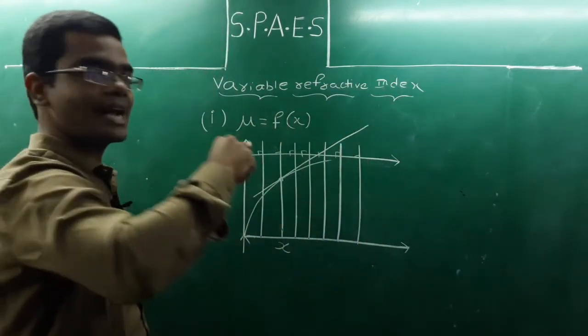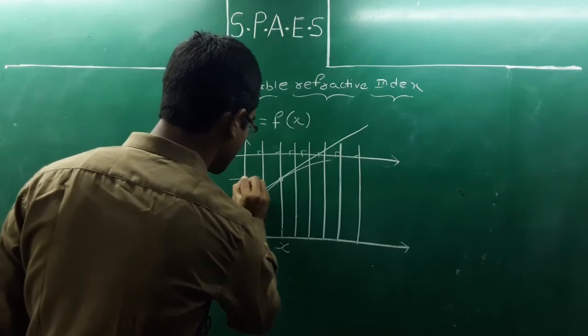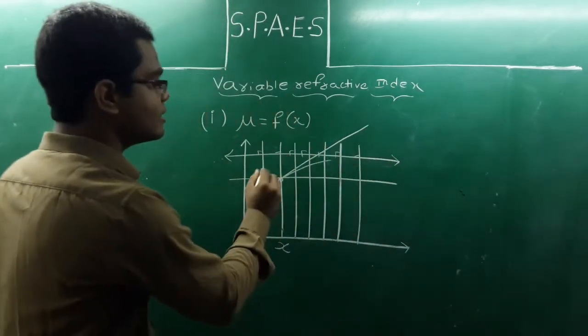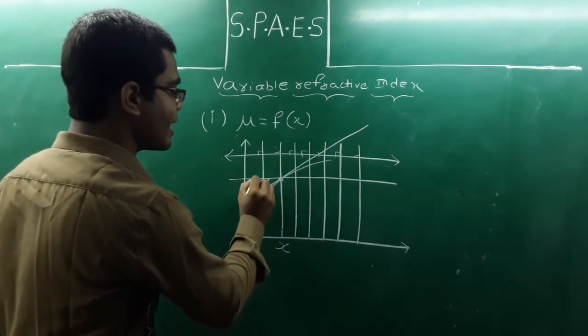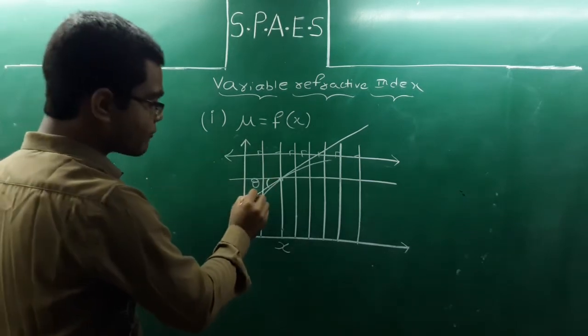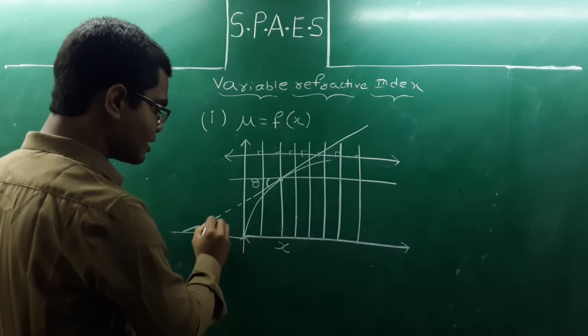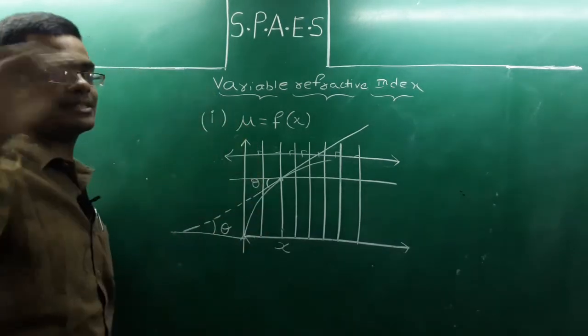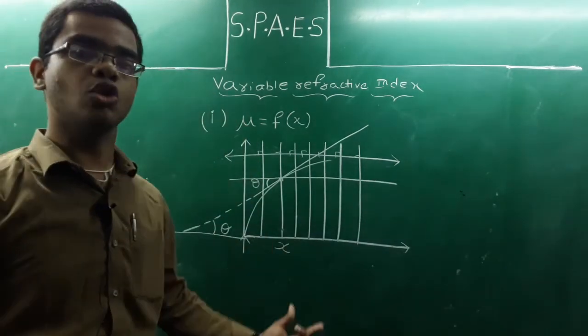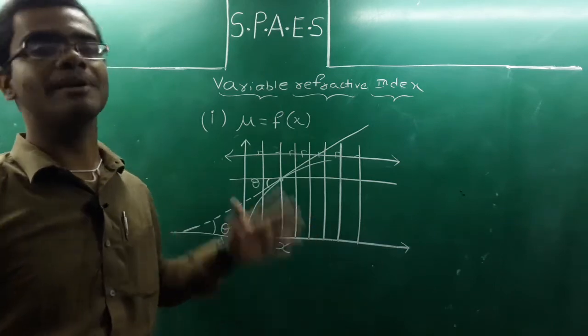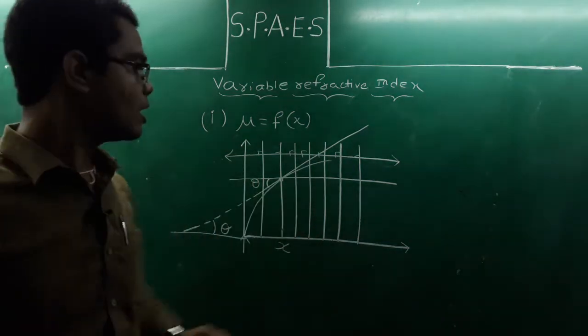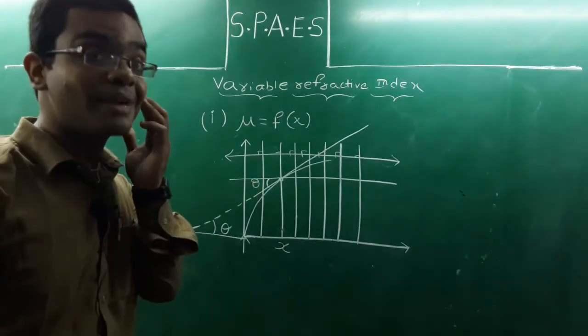If we consider a tangent at that position and an optical normal, this tangent is going to make an angle theta. If we extend the tangent carefully, the same angle theta it is going to make with the x-axis. That means the slope of the tangent is tan theta. Till here it's fine. Now slope is nothing but dy by dx.